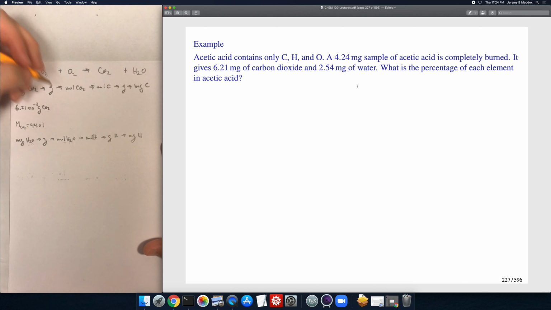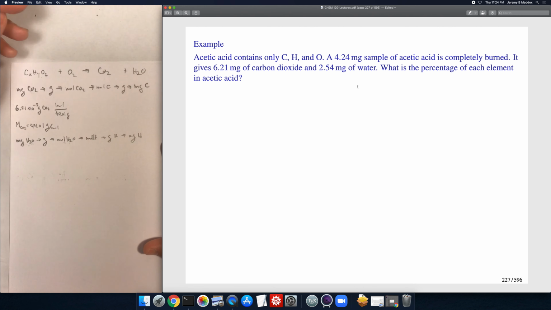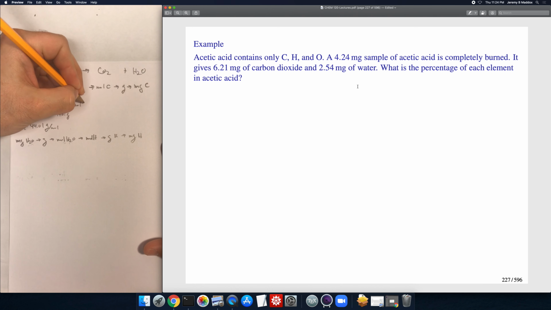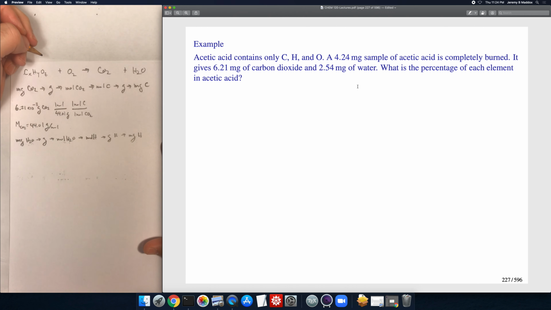And then we will divide by that molar mass. Okay, so that's going to give us the moles of CO2. There is 1 mole of carbon for every 1 mole of CO2.